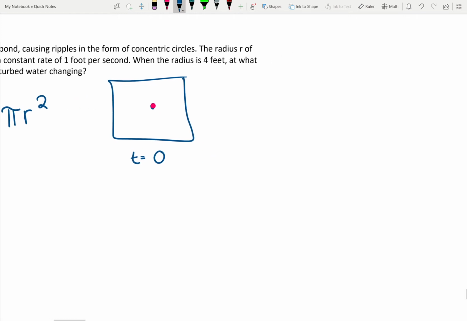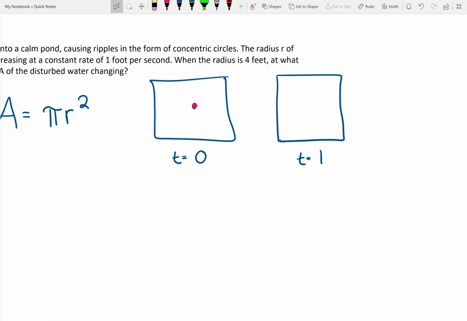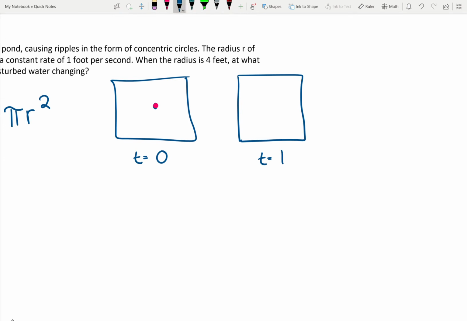So what about at time 1? Every passing second, the radius increases by 1 foot. So this is what our circle looks like now, and the radius has now a length of 1.